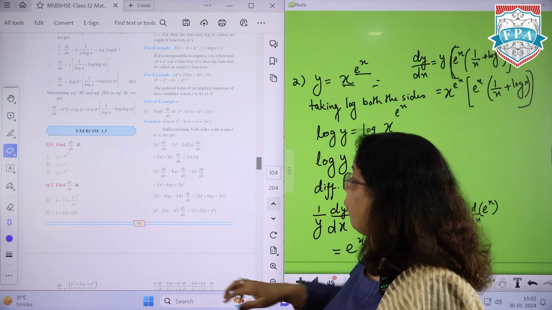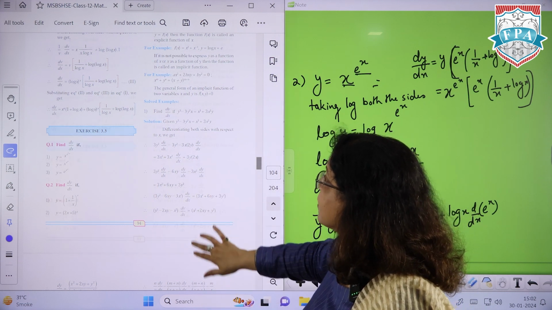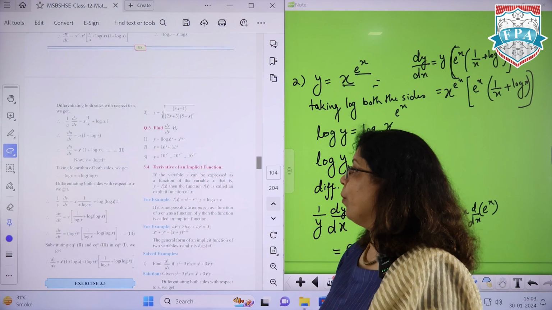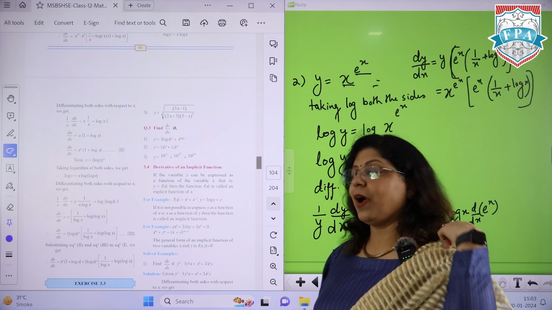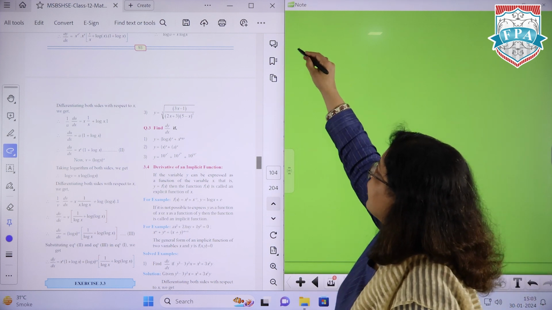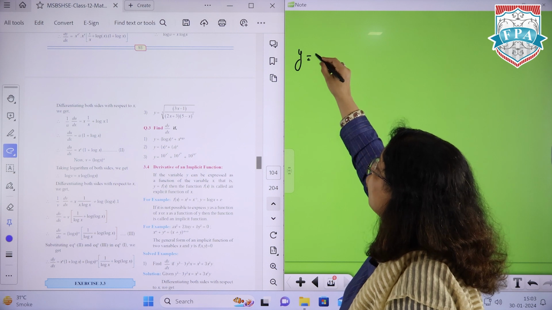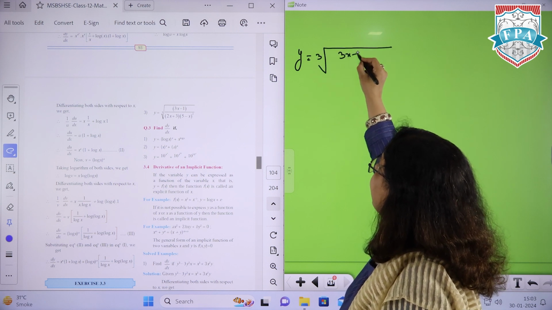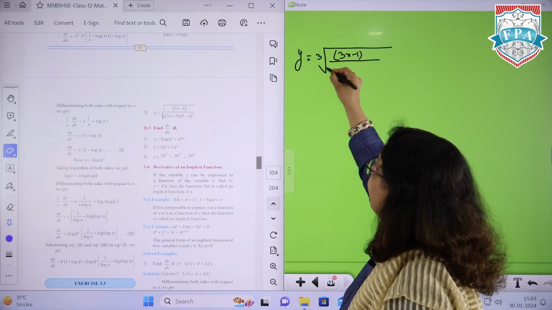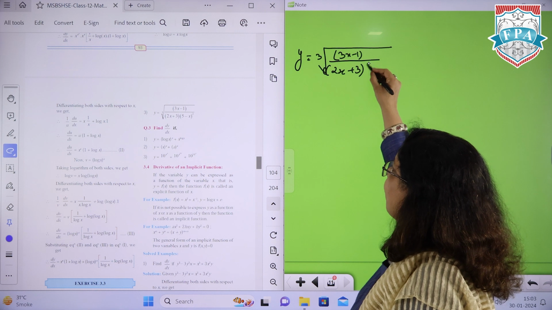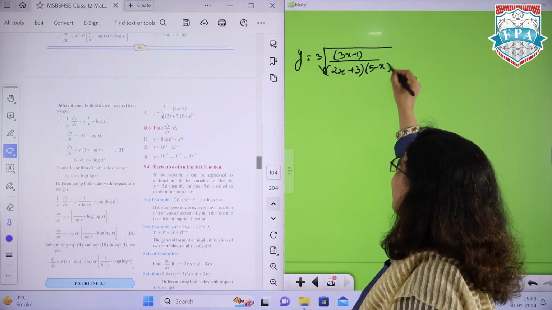The other kind of function where we use log is when there's a lot of calculation, like question number 3 over here for the 2 ka third subpart. Here you can see the question is not very simple. It's y equals cube root of, then you have 3x minus 1 upon 2x plus 3 and 5 minus x whole square.